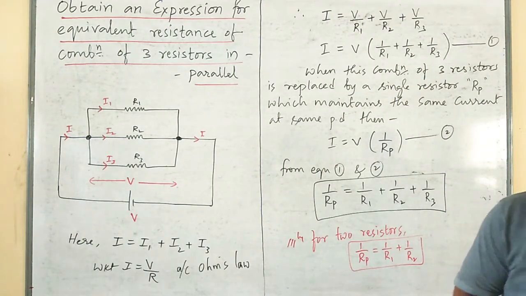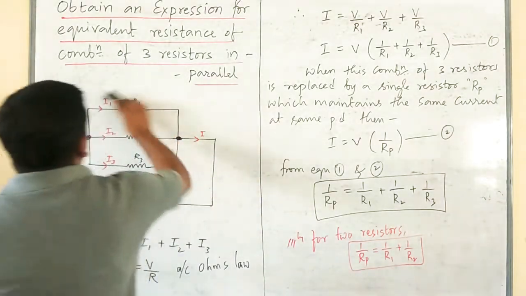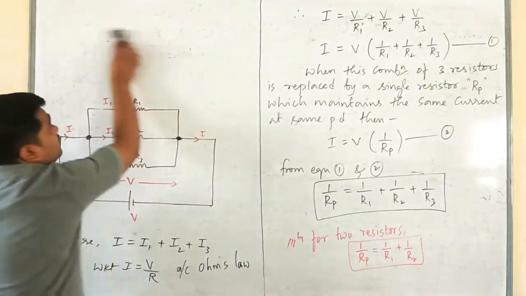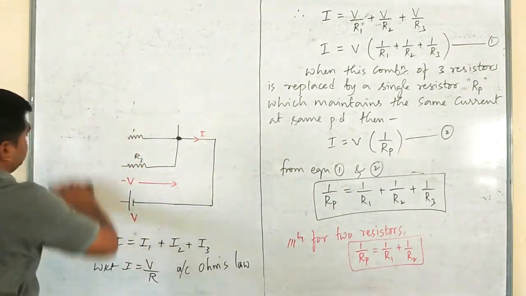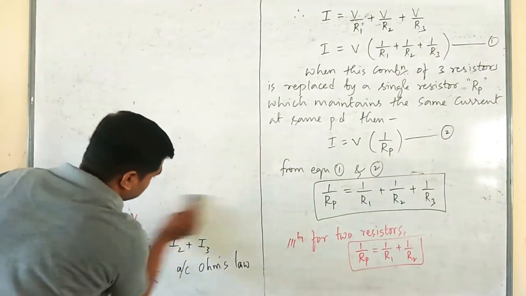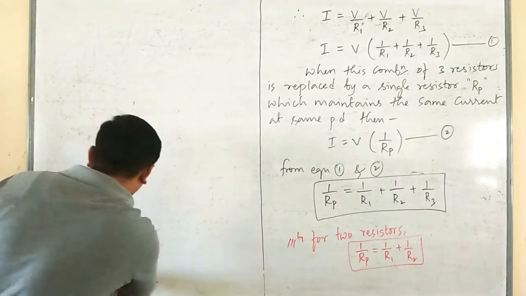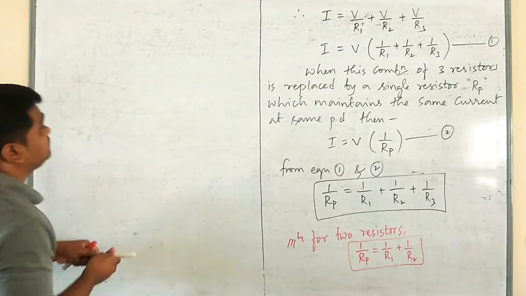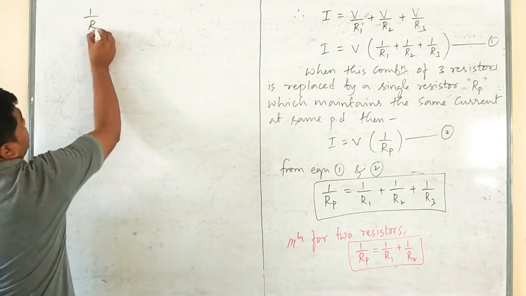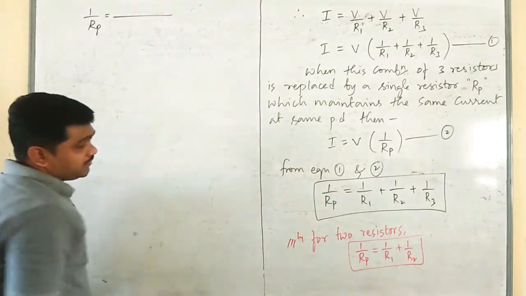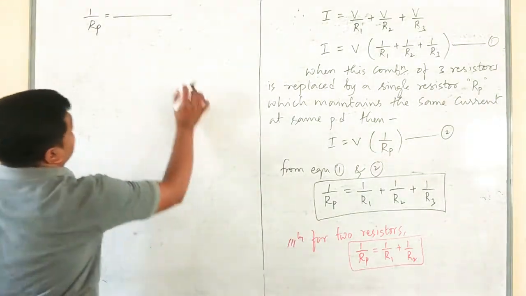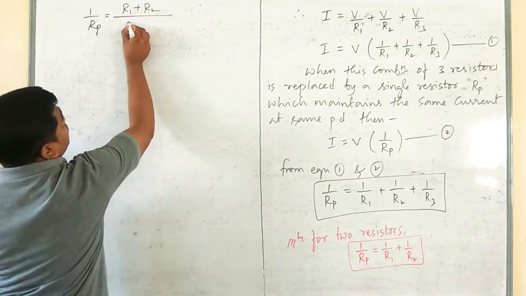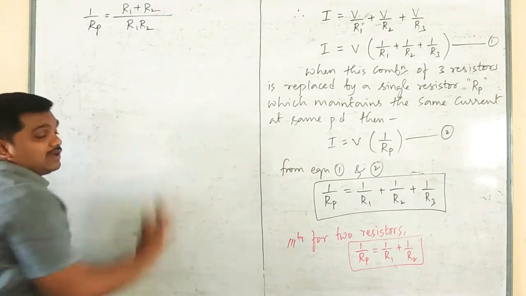Okay, next. I will go for further simplification. 1 by RP is equal to, if I take the cross multiplication, then it becomes R1 plus R2 divided by R1 R2.